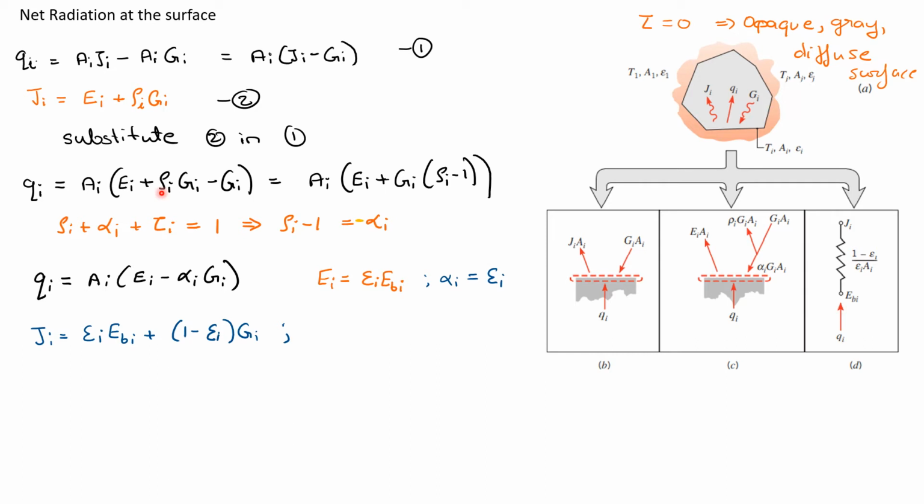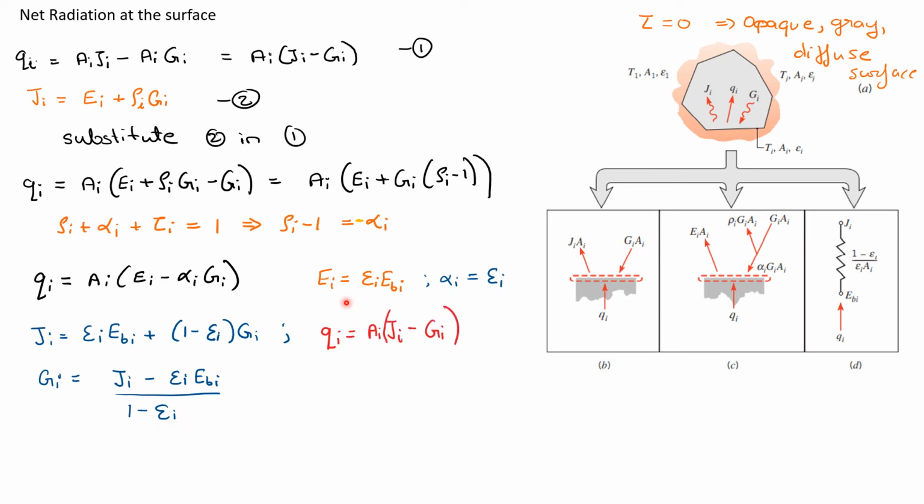That's because your reflectivity can be written as 1 minus alpha, and because alpha is equal to epsilon, I have written it as 1 minus epsilon times G. So we can write Gi, or the irradiance, as the radiosity minus epsilon i times the emissive power of the body, upon 1 minus epsilon i.